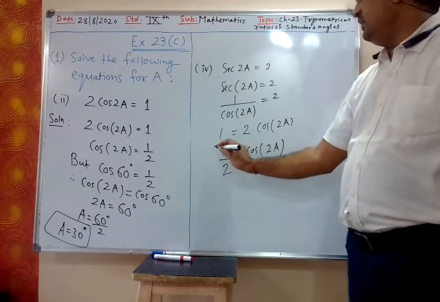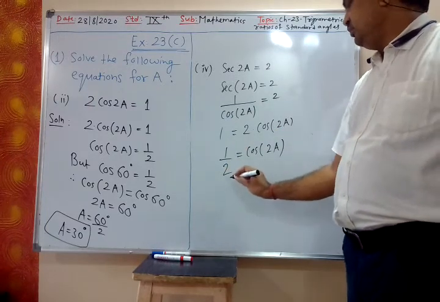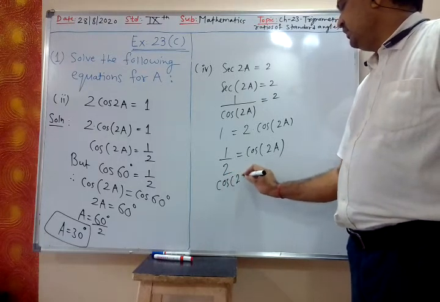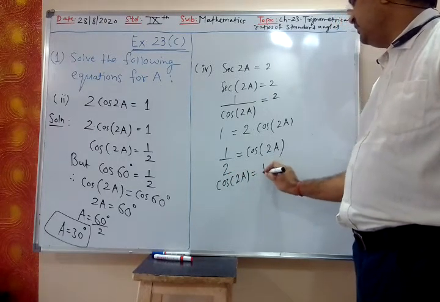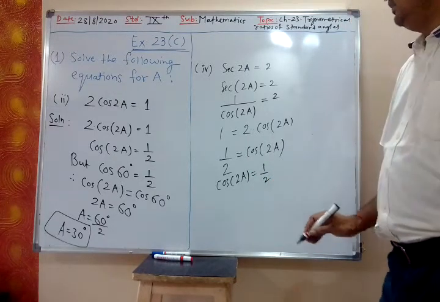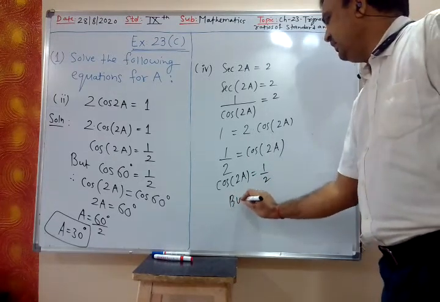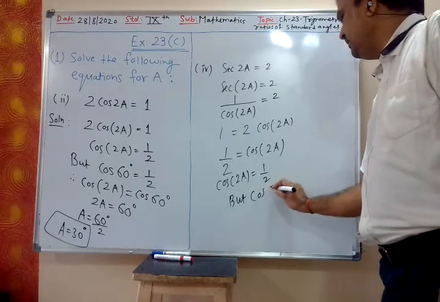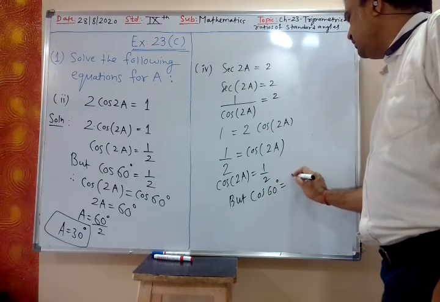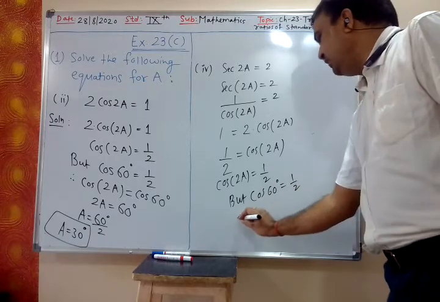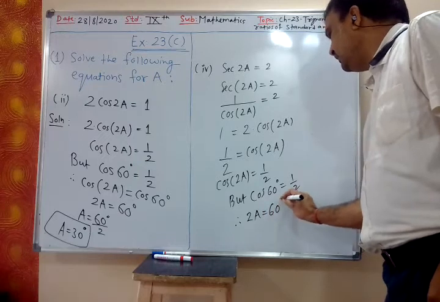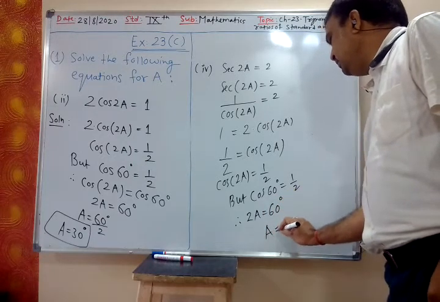So cos 2A is half. But cos of which angle is half? Cos 60 degree is half. Now this has become the previous problem. So you will get angle 2A is equal to 60 degree, so A is equal to 30 degree.